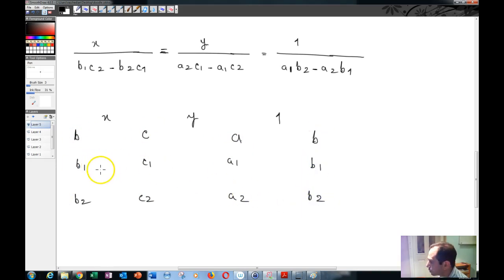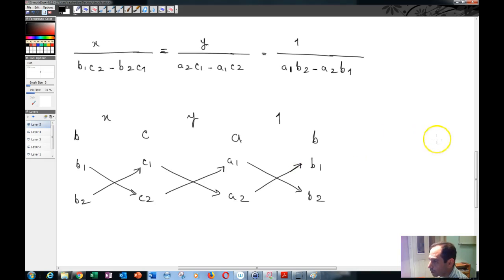And then you can cross multiply this way. So you can cross multiply this way, and these are your numerators.